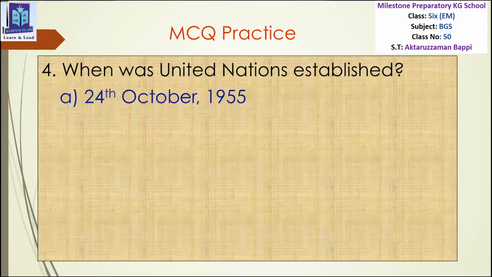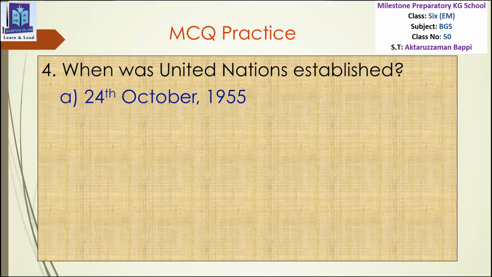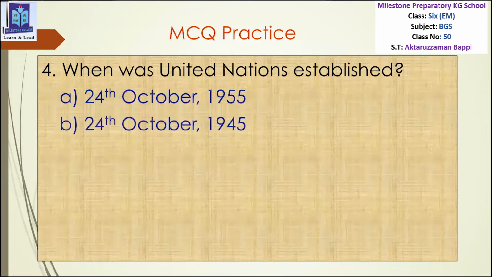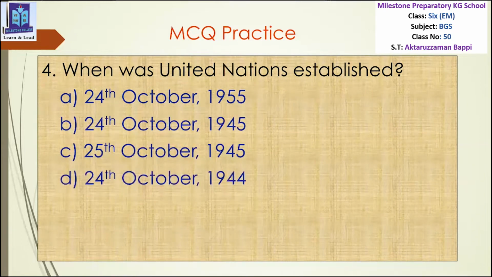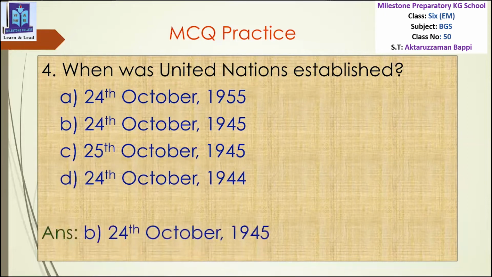When was the United Nations established? 24th October 1955, 24th October 1945, 25th October 1945, and 24th October 1944. Can you guess? Yes, absolutely correct. The answer is 24th October 1945.